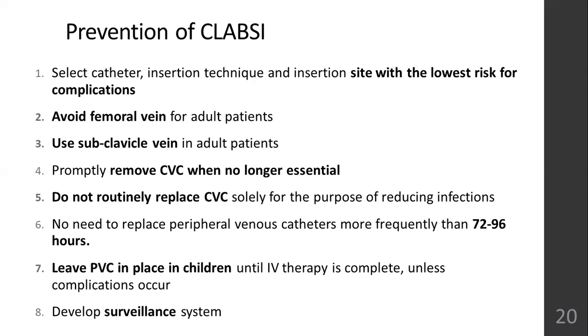And what are the conditions in which you have to remove the catheter? If there is severe sepsis, bacteremia, septicemia, or fungal infection, in these kinds of situations, you have to remove the central line and adjust the antibiotics as per culture and sensitivity.